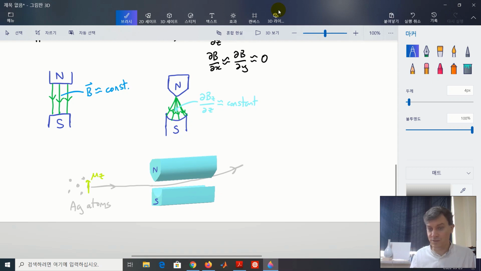If I were to take a second atom which has a magnetic moment pointing in the opposite direction, then this will have exactly the opposite force, and therefore when it passes through the experiment it will start to curve down like this. And if I have an atom with a magnetic moment somewhere in between these, then it will have a force somewhere in between these two extremes, so you will get a beam of atoms going out like this.